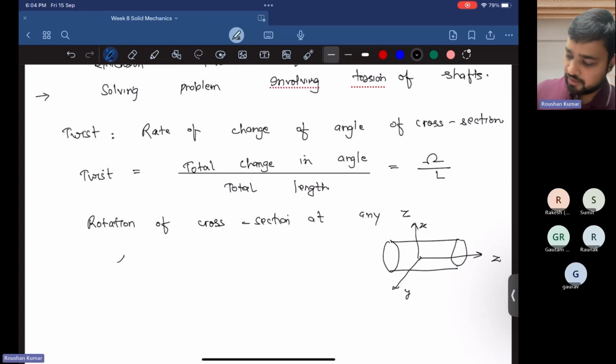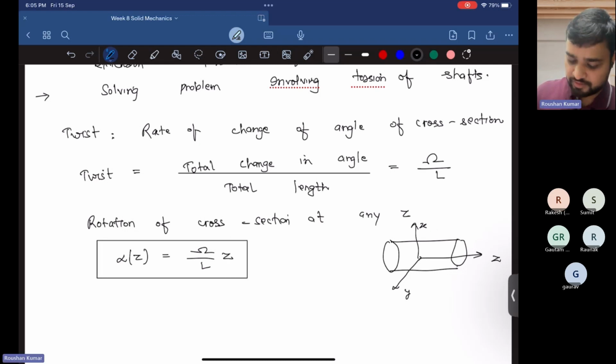The rotation alpha in terms of z is given by omega by L into z. So this is the rotation of the cross section at any z. At z equal to 0, the rotation is 0.